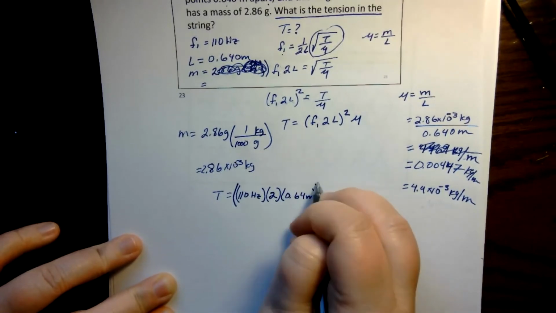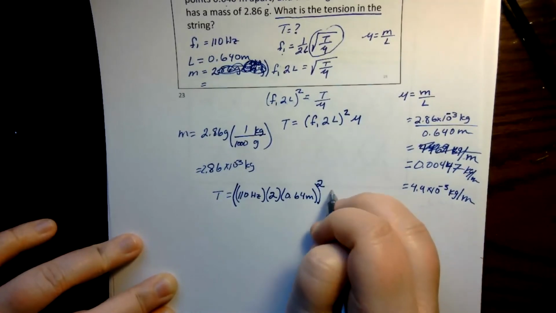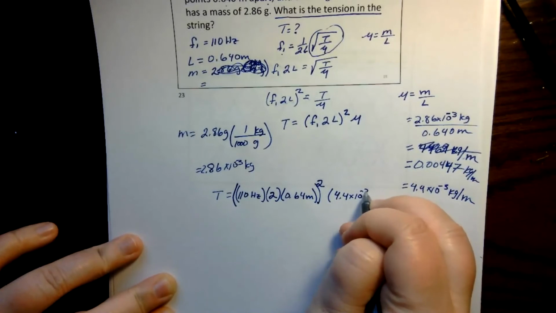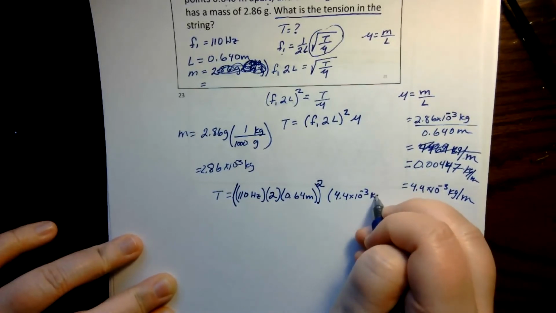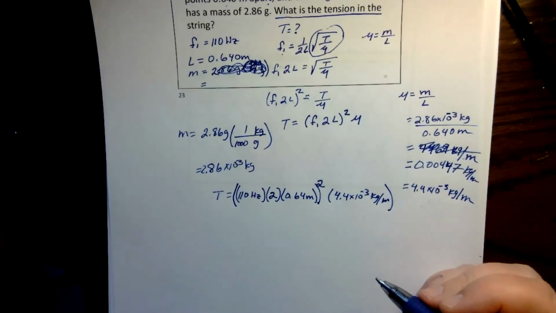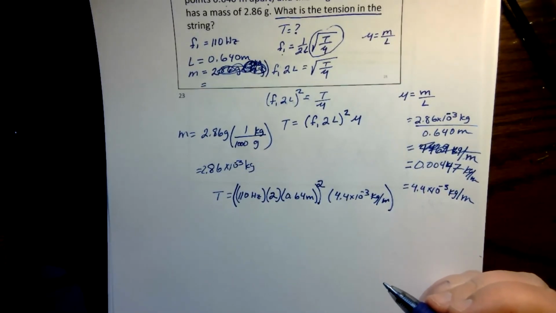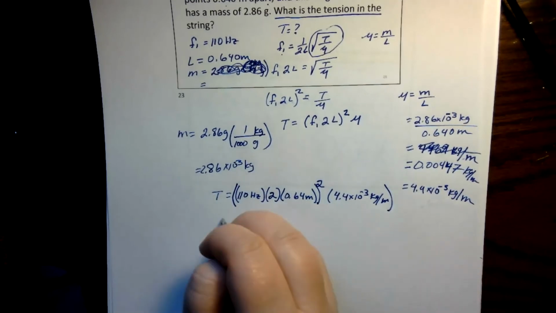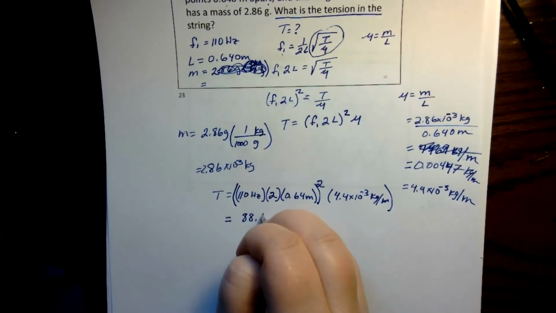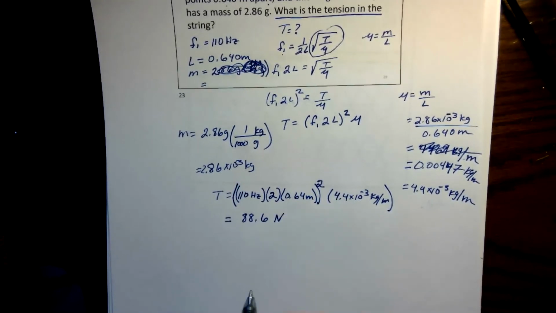That whole quantity is squared, times our mu of 4.4 times 10 to the negative 3 kilograms per meter. Now throw this whole mess in your calculator. According to my notes, you should have 88.6 newtons. Any questions on this one?